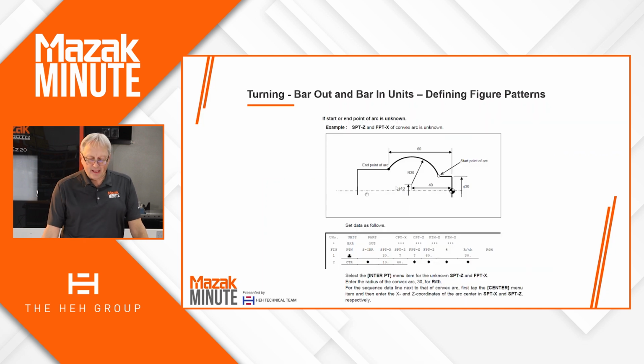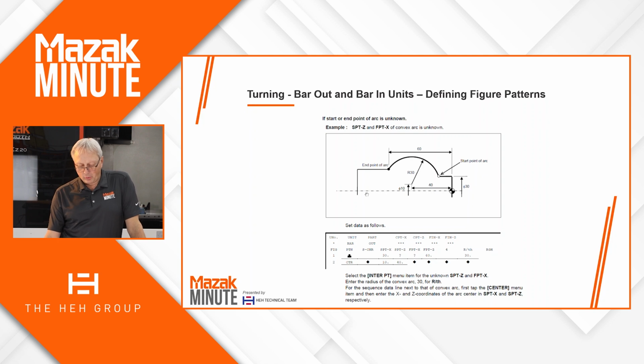In the example they have in the book, here we have a line to an arc to a line. So they're actually starting with the arc itself. We're starting at a 30 millimeter diameter, and notice how we don't know the z-axis.